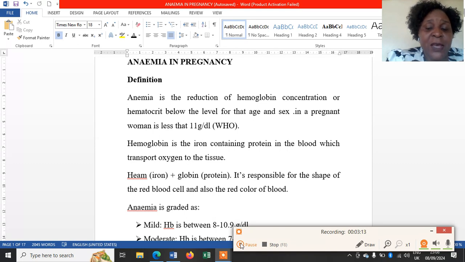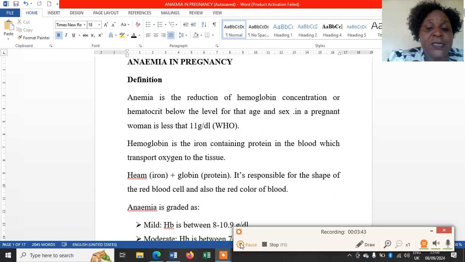So when we say that your hemoglobin concentration is low, it means that the protein that is responsible to carry or to attach oxygen is low in your blood. If we take a deciliter of your blood, we measure how many grams of heme or hemoglobin are in that deciliter of blood.